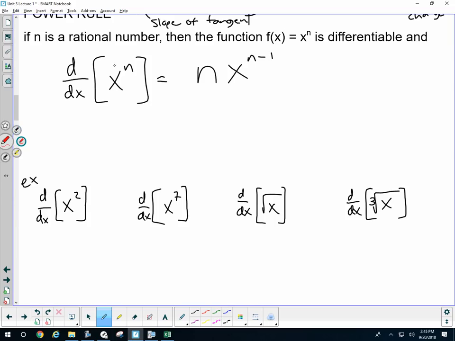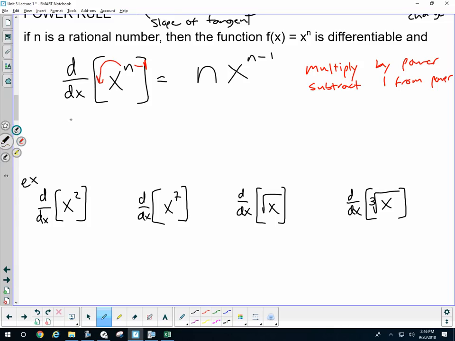So it's almost like to find the tangent slope generator for x to the n, all I have to do is take the n and move it down first, and then subtract 1 from the power. In that order.